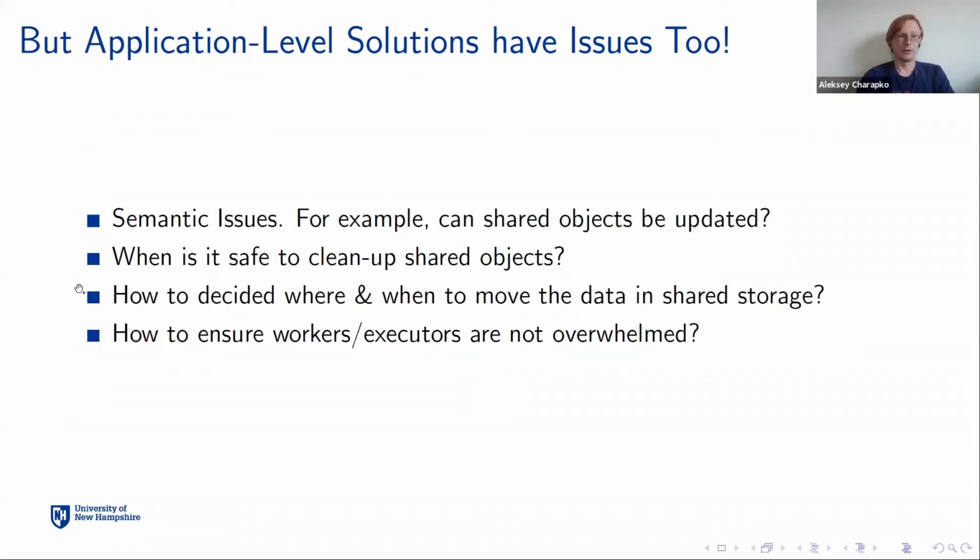Another issue is how to ensure that the workers, the executors, are not overwhelmed with this reference passing. The paper mentions this a lot. If we have copy by value, pass by value, then when the workers start executing the RPC, they already have memory allocated for all of the parameters.